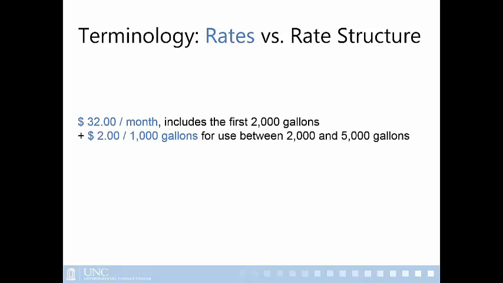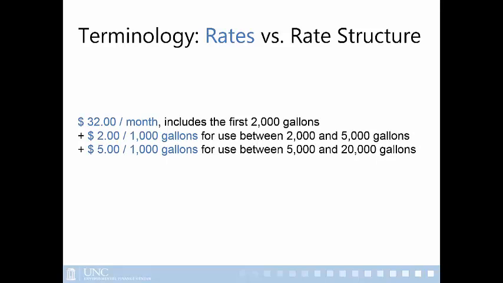And then they add $2 per 1,000 gallons for any use between 2,000 gallons and 5,000 gallons. $5 per 1,000 between 5 and 20,000 gallons of use, and $6 per 1,000 gallons for all use above 20,000 gallons. So you're probably all familiar, this is an increasing block rate structure because the volumetric rates are always increasing. They go from $2 per 1,000 to $5 per 1,000 to $6 per 1,000 based on the volume of water that you're using.